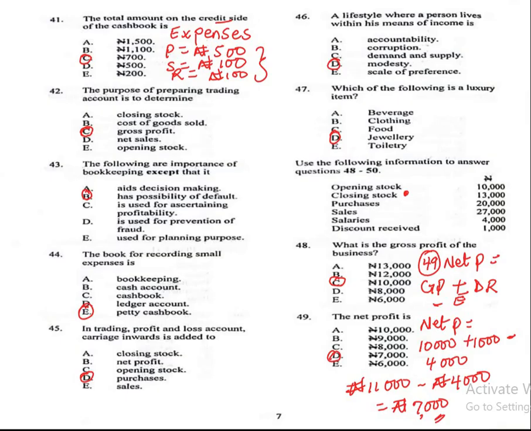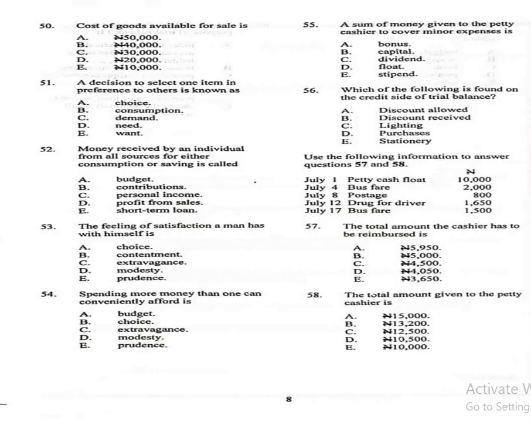All right, let's move over to question 50. This question says, cost of goods available for sale is what? Okay, this is the final part of the calculation. This will be opening stock plus purchases.